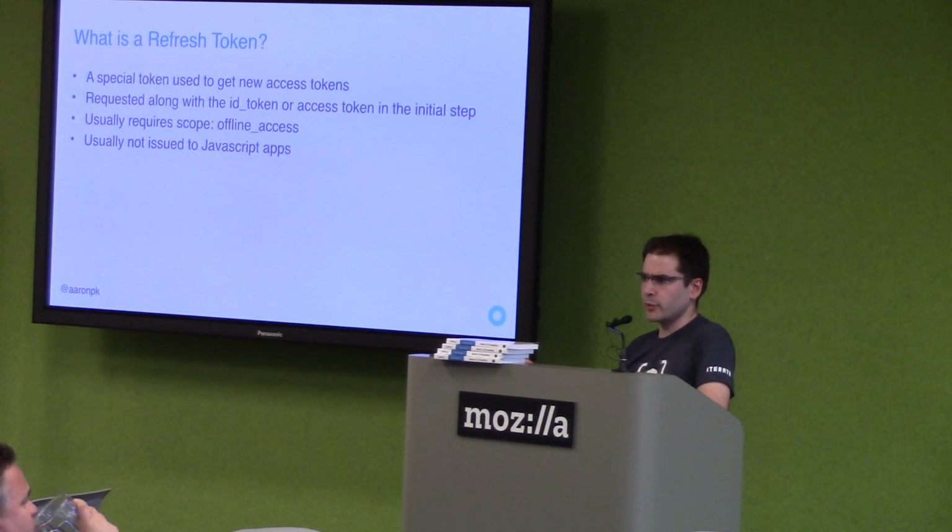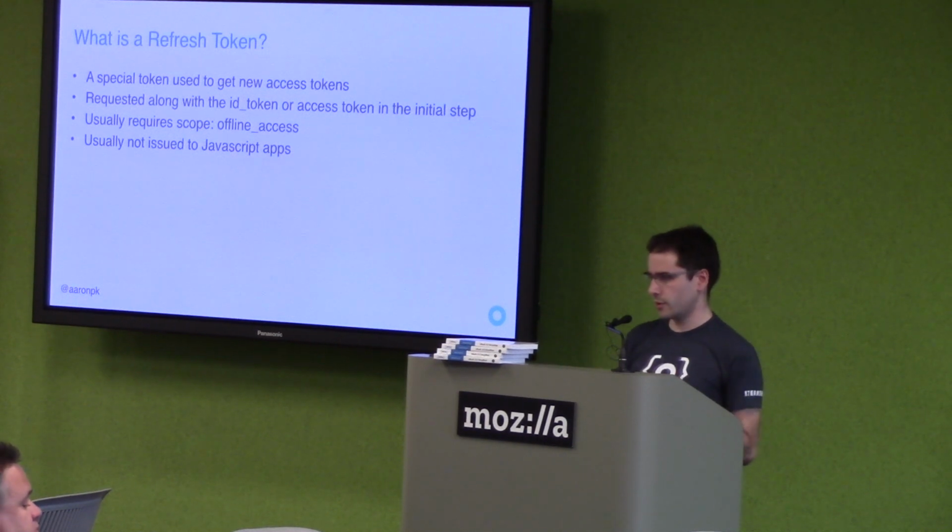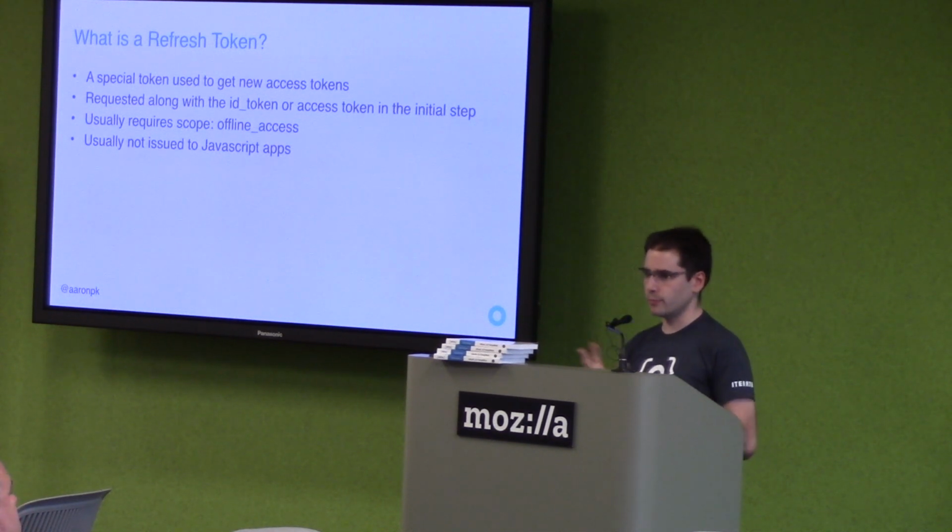Also, JavaScript apps tend to be only used when the user is in front of the computer, and the user doesn't expect that the JavaScript app will continue to run when the user is not in front of the computer. Technically, it's possible now with service workers, so maybe that may change, but for the most part, people are using a browser and they expect the token to only last as long as they're in front of it.